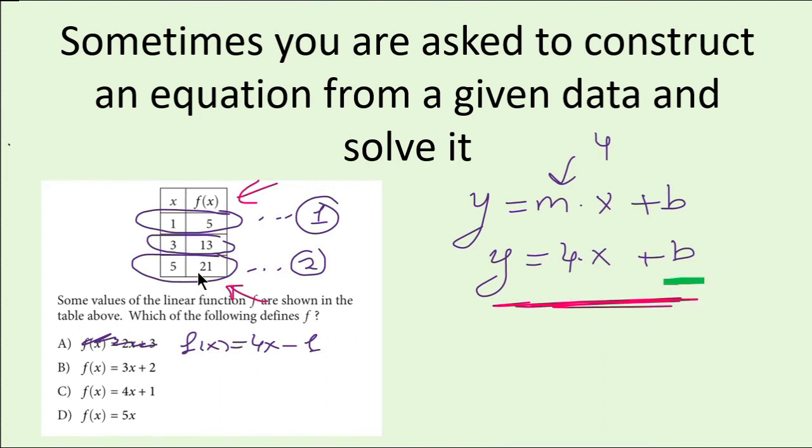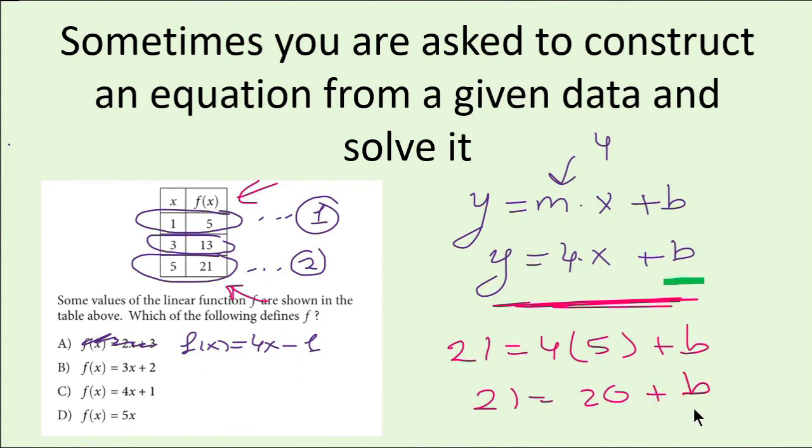Let's plug f of x is equal to 21 and x is equal to 5. So 21 is equal to 4 multiplied by 5 plus b. From here, we can simplify: 21 is equal to 20 plus b. Well, therefore b has to be 1. b is equal to 1.